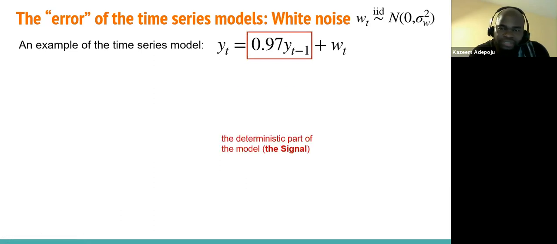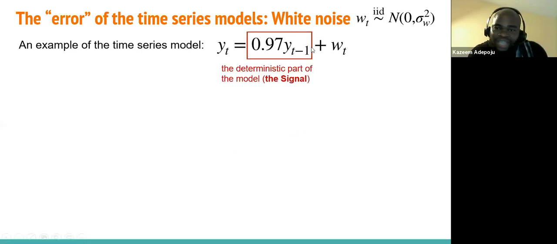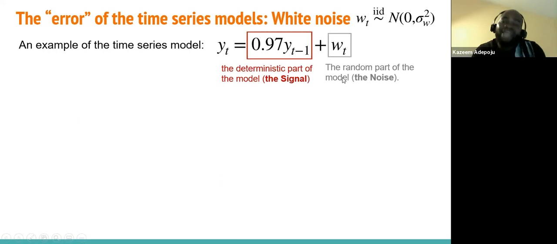Now, if you take a look at the entire model, this is the deterministic part of the model. And the other part is the random part of the model, just like what we have in most statistical models, particularly the models that we use in explaining relationships between variables, in such a way that the effect on one variable can be determined from the other variable.